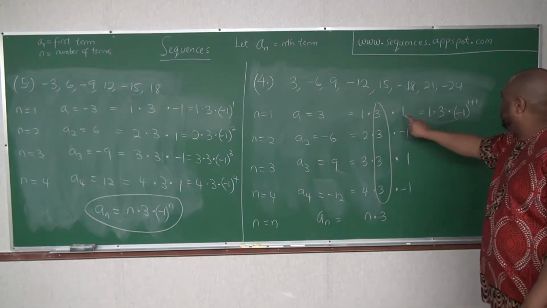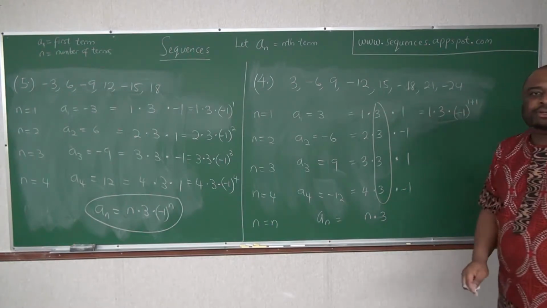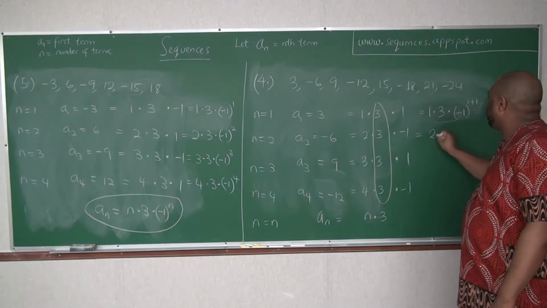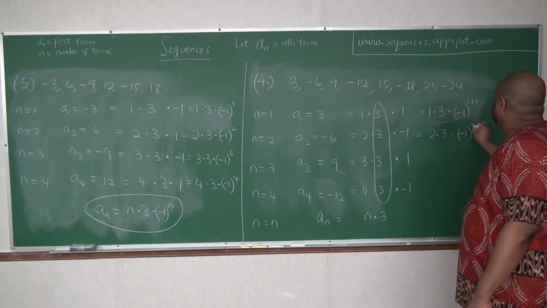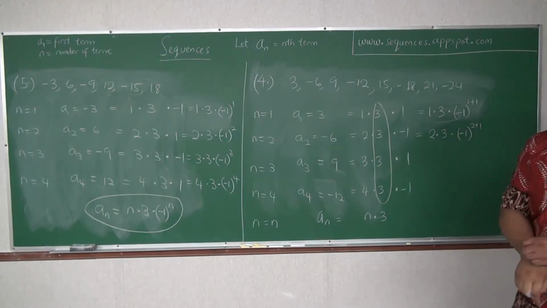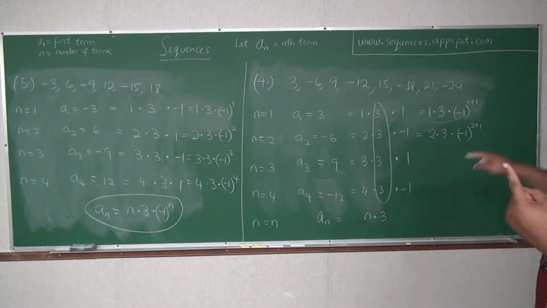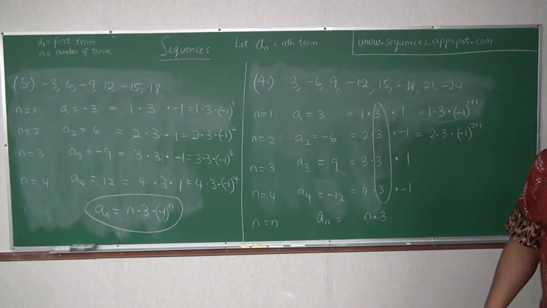And as you can see, this is negative 1 all squared, and that gives you 1. Here you can say 2 times 3 times negative 1 exponent 2 plus 1, because 2 plus 1 is 3, and negative 1 exponent 3 is negative 1.